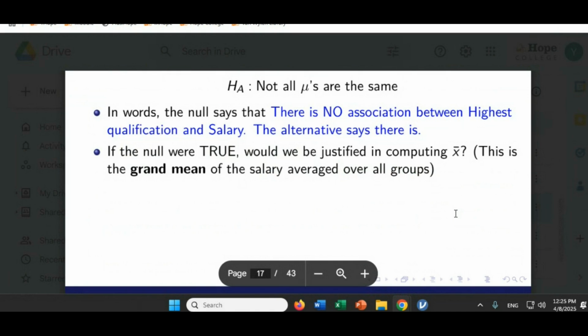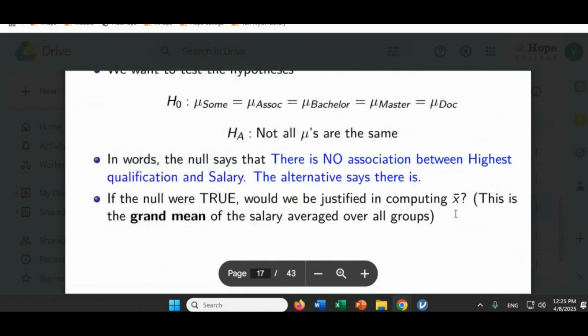Okay. Now, I'm going to ask you this question. It is a very important statistics question. If the null is true, let me show you the null. If the null is true, are we justified in computing x bar? Now, note this, first of all. I think all of you know what x bar is. It's some kind of mean, right?